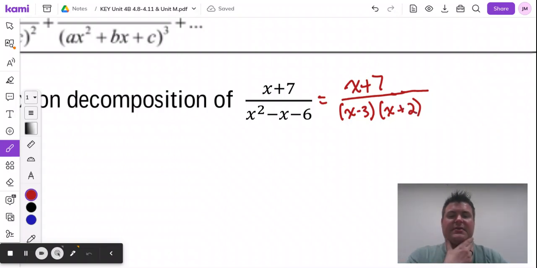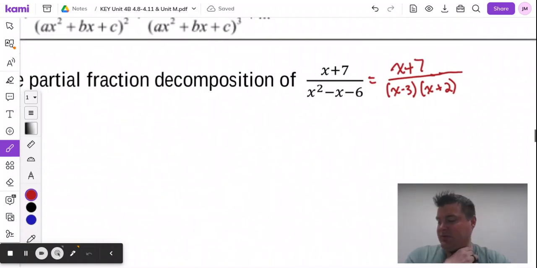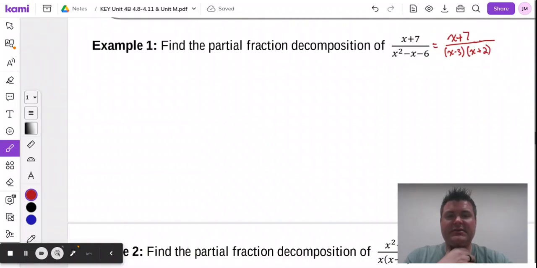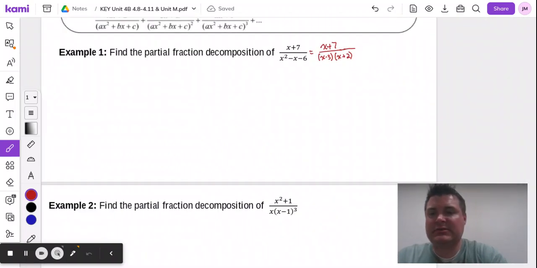That will give me that factor down there. And what I want to end up doing is rewrite this x plus 7 over x minus 3, x plus 2.